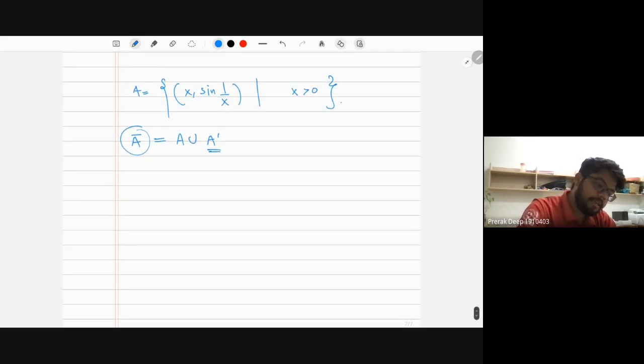Now, if I draw the graph of sin(1/x), what do I get? I'm not going to do a very good job drawing this, but let me try.